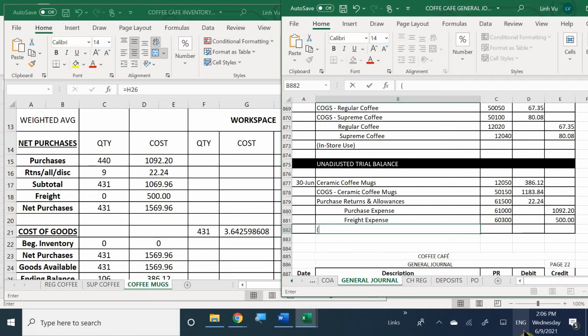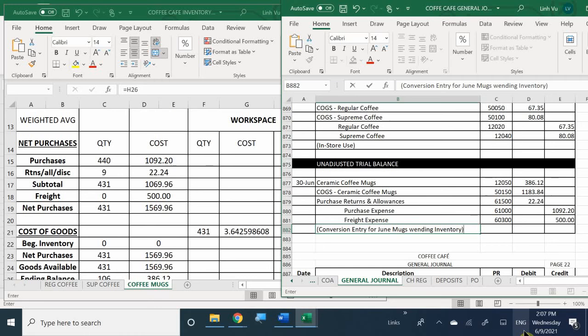We put June's inventory of mugs, or whatever you want to, ending inventory for mugs? Yeah, sure. Okay. So I'm going to indicate that this is a conversion entry. For June mugs, ending inventory.